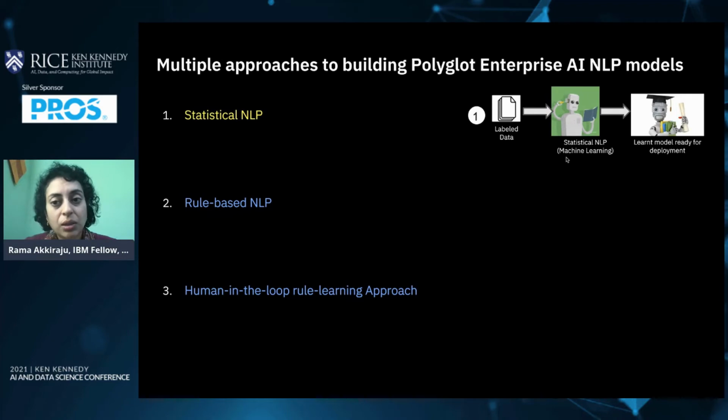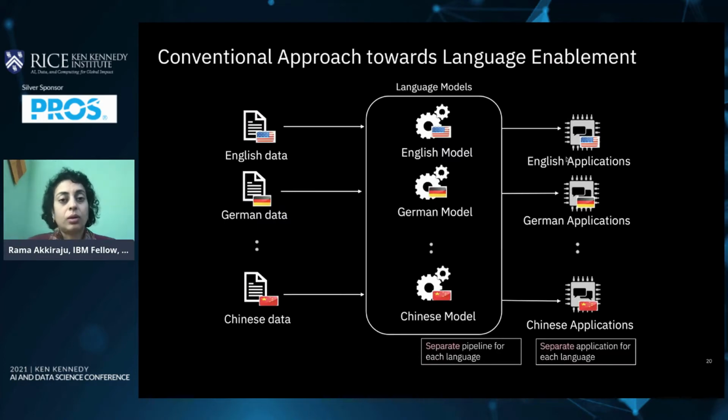Statistical NLP is where, basically what we just saw, you take a lot of labeled data and you teach the system with that labeled data to make predictions, classifications, and it learns those patterns from that labeled data, and the model is built, and now you can start to use that in production.